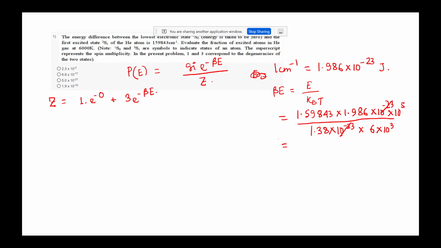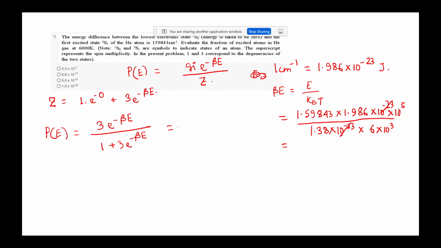So now to find the fraction PE, we will do 3 times e to the power minus beta E by 1 plus 3 times e to the power minus beta E, and beta E is 1.59843 times 1.986 into 100 divided by 1.38 into 6, so 38.339.